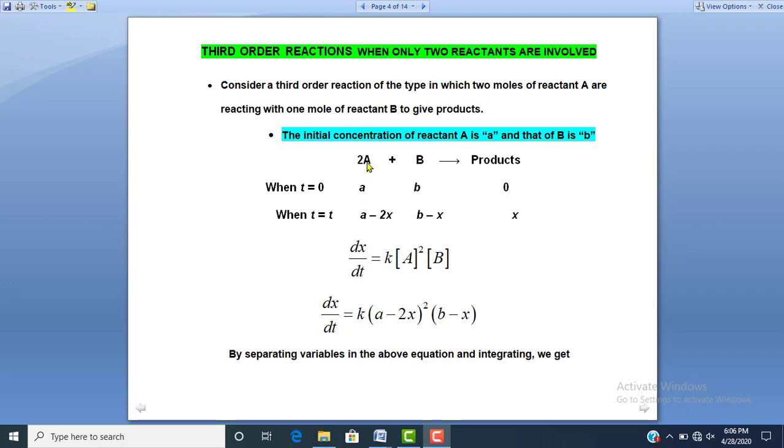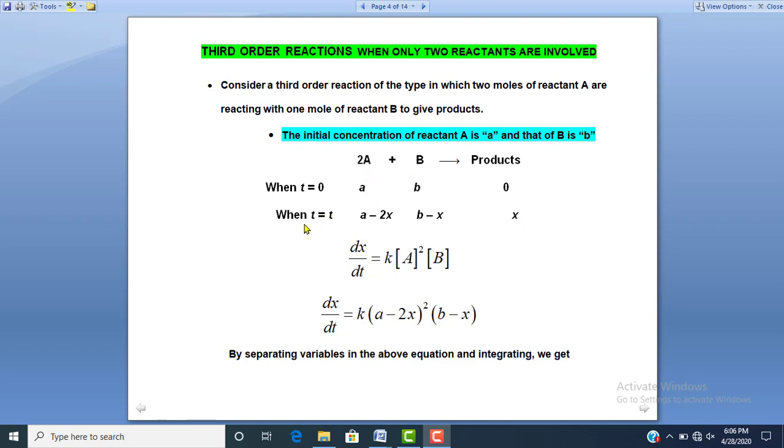These 2 moles of A and 1 mole of B will react with each other and produce some product, and the concentration of the product will be x. Obviously, this product x has been produced by the combination of reactants A and B.